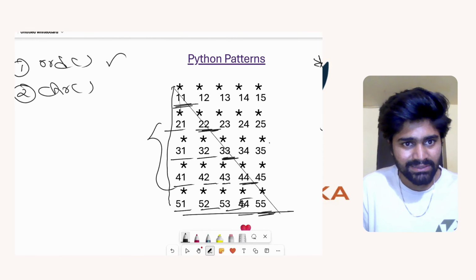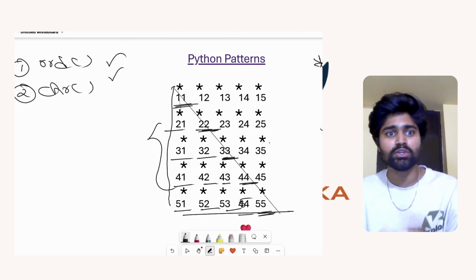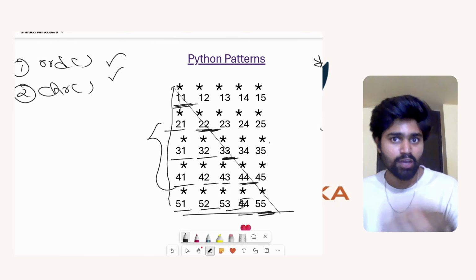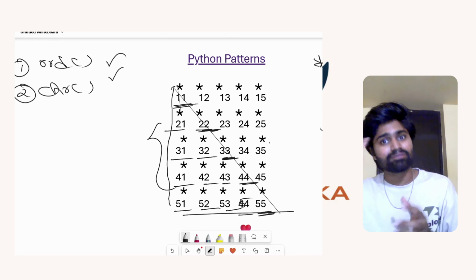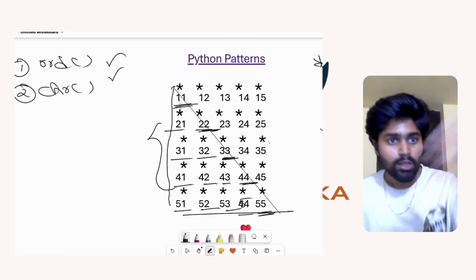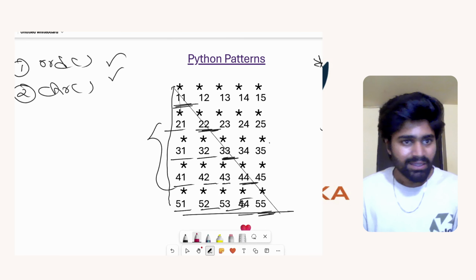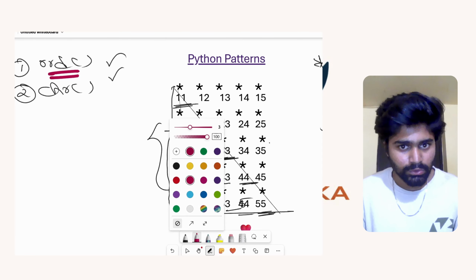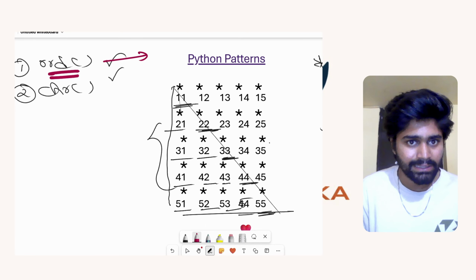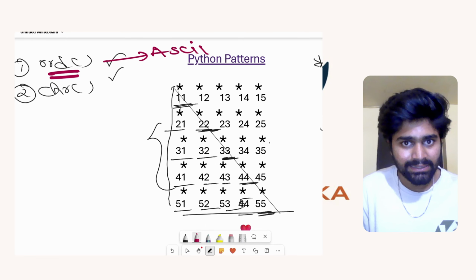These are two built-in functions in Python. One is used to get the ASCII value of a character, and the other is used to get the character for an ASCII value. The first one is the ord function. The ord function is used to get the ASCII value of a character.